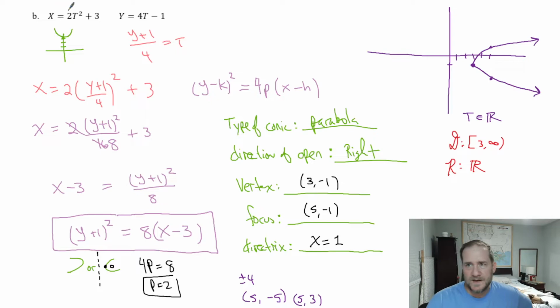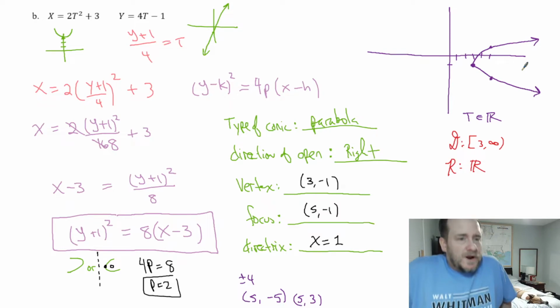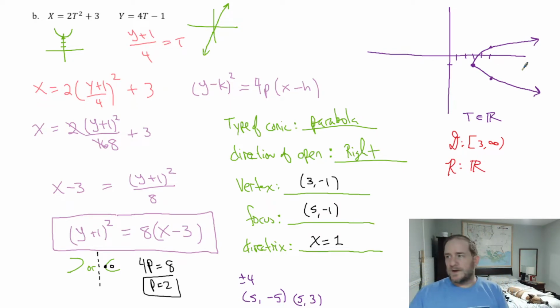And for the y's, it's a line. So we're down here at -1 with a slope of +4, so for the y values, we're definitely getting a full range of -infinity to infinity. That all bears out in the graph of the parametric equations here in this parabola.